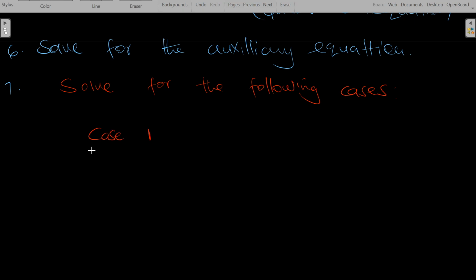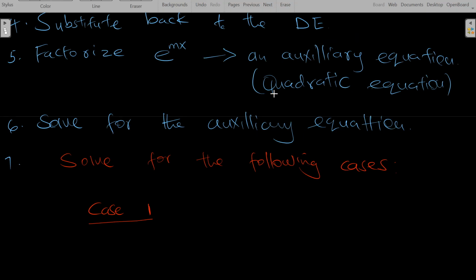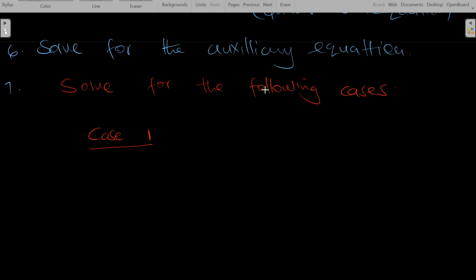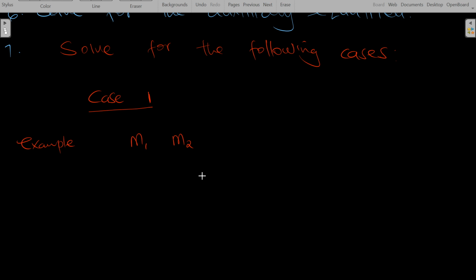In case 1, once you solve this auxiliary equation, because it's quadratic, you'll get two roots, for example m1 and m2. These are the roots you have gotten from your auxiliary equation.